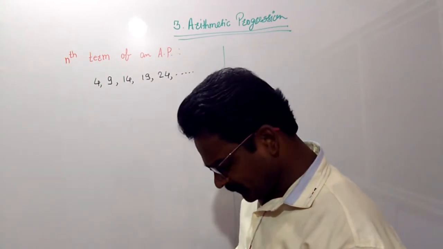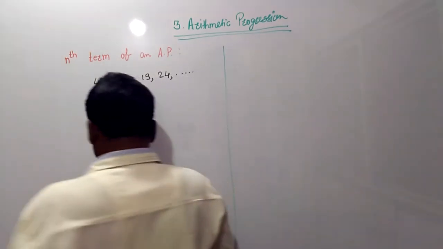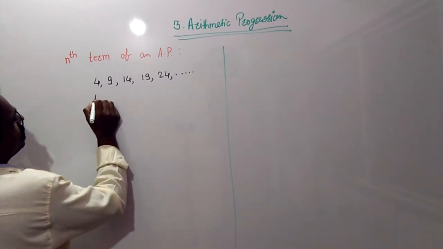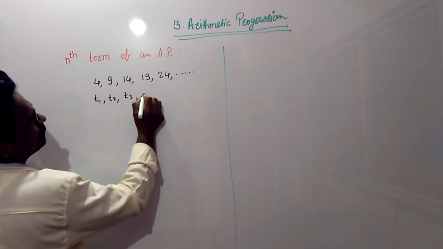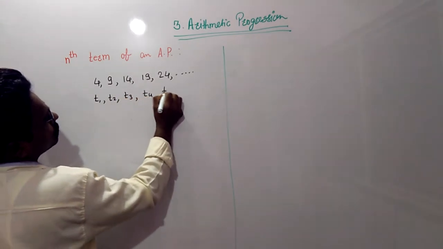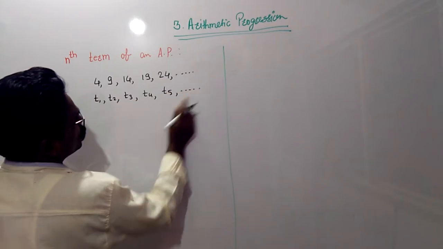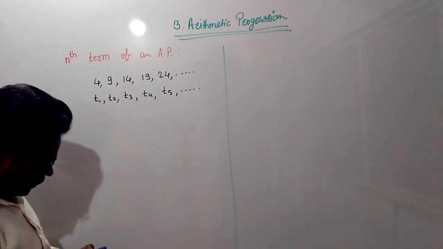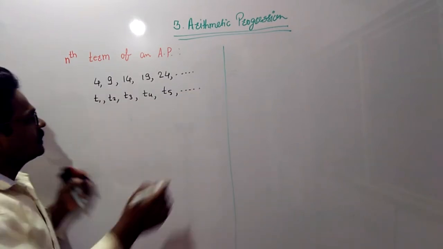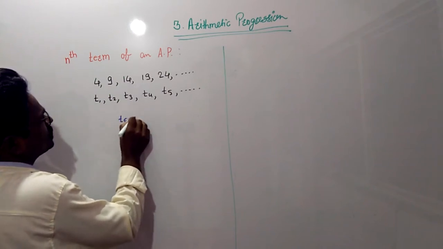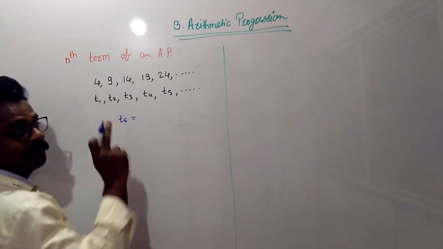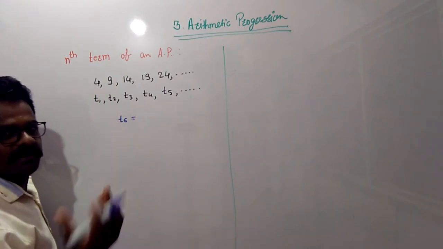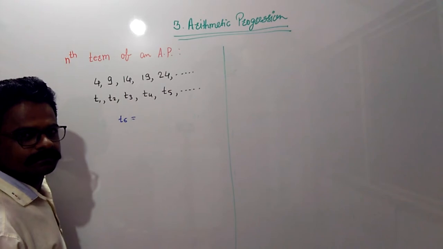Okay, fine, no problem. Now see, this one is your first term, second term, third term, fourth term, fifth term and so on. Now students, tell me the sixth term. Every time we are going to add 5 to the previous one to get the next number.